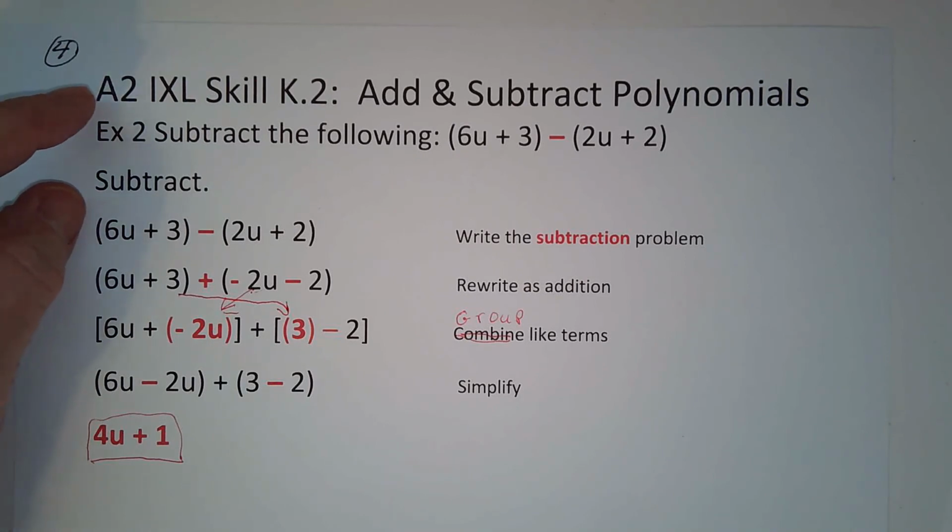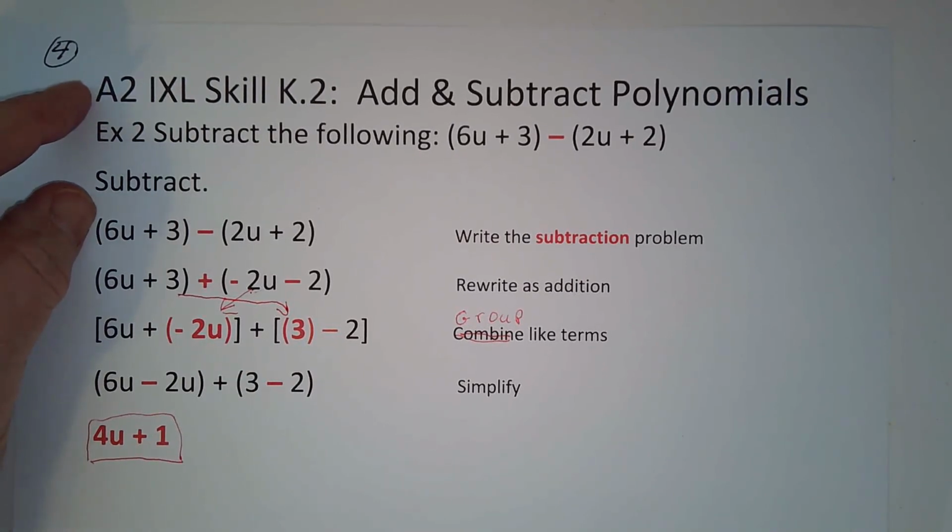She wasn't paying attention. In this case, A2 is the subcategory that you're in. If you were in geometry, there would be a G here.